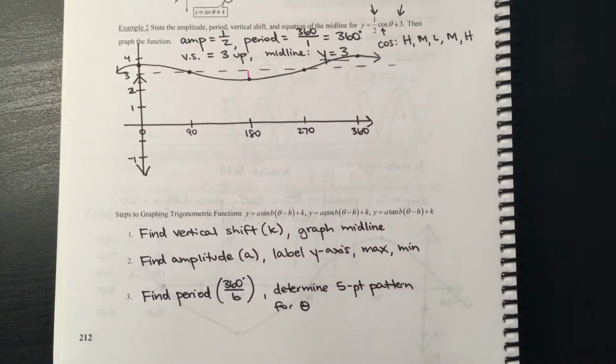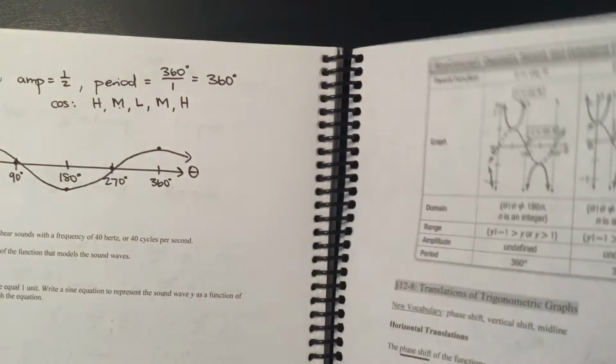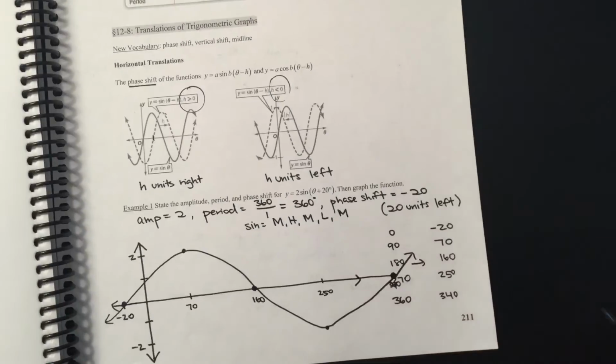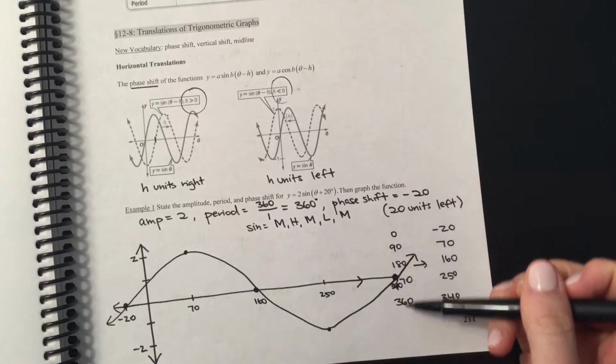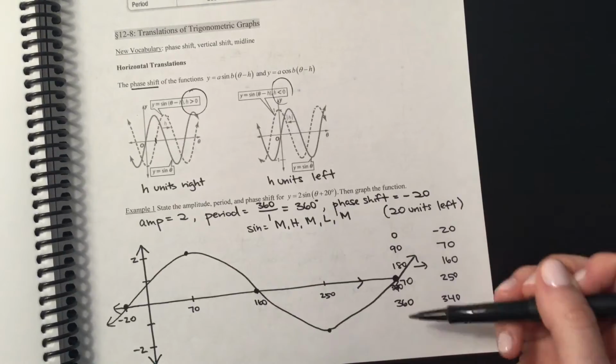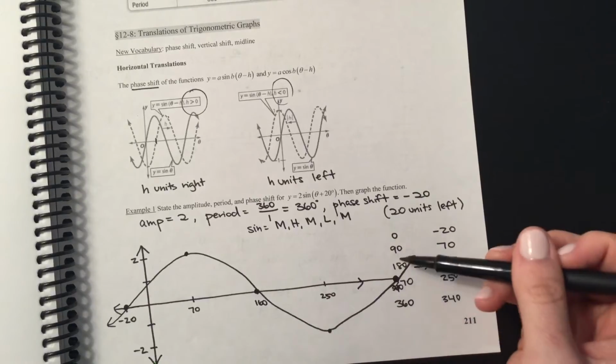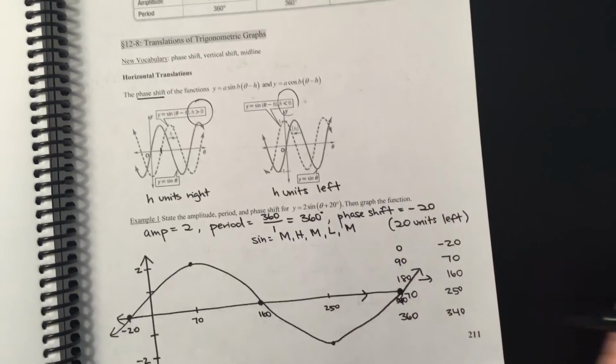So let me show you what I mean by that. So we determine our 5-point pattern for theta. So previous video here, we did this. We knew for this example that our period was going to be 360. So this is what I mean by determining the 5-point pattern for theta. We start from the beginning, go to the end, cut it in half, and then split those halves in half. That's what I mean by the 5-point pattern.